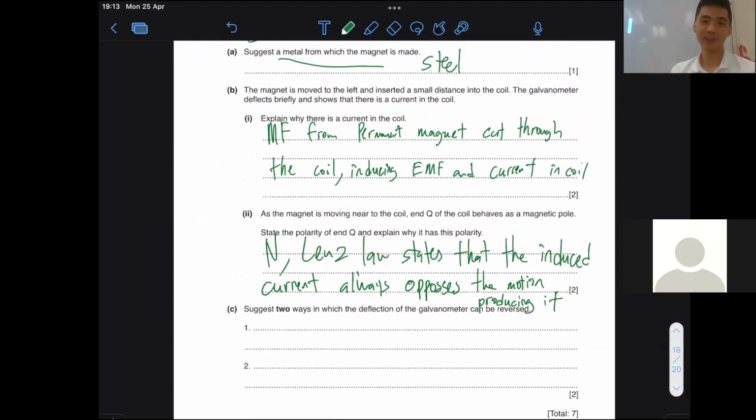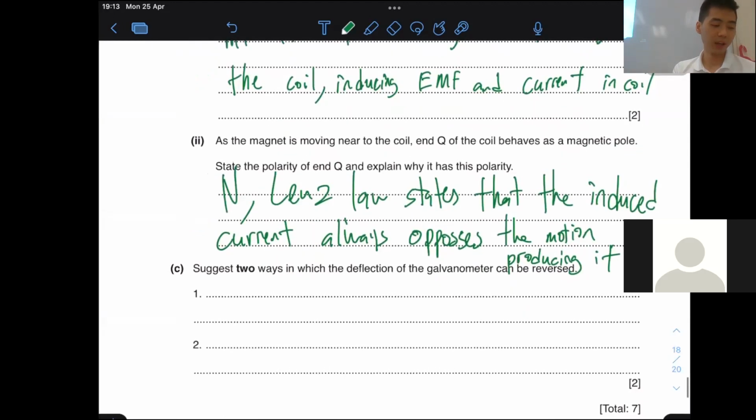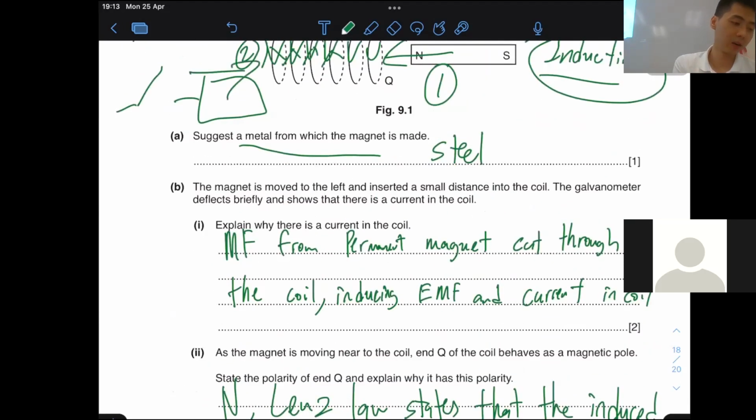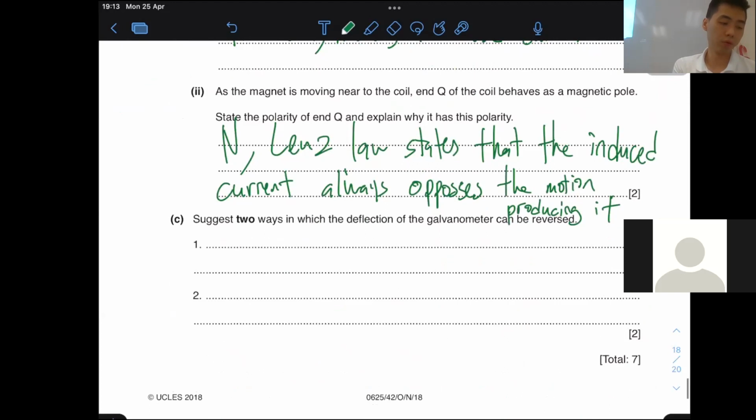Right. So then after that, suggest 2 ways in which the deflection of the galvanometer can be reversed. What are the 2 ways? You put it from the other side. Good. You could either insert the magnet from the other side here, right? Or you could switch the ends of the magnet, also possible.